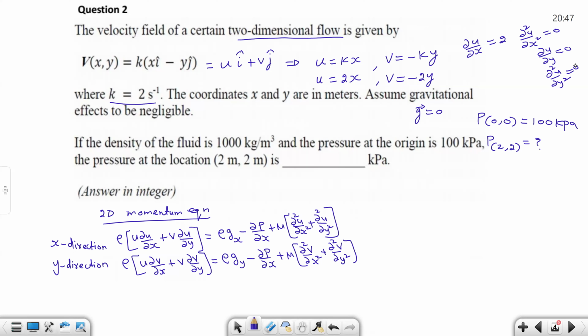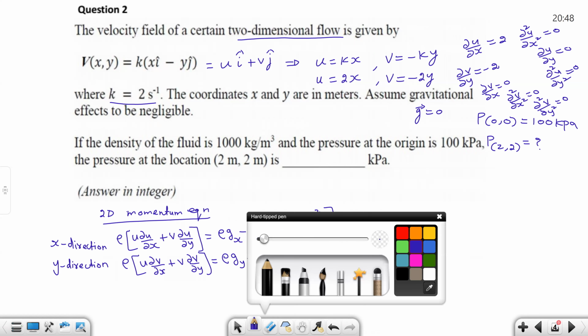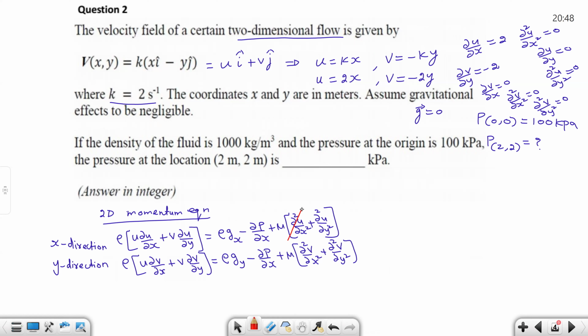Similarly, for v, dou v by dou y equal to minus 2. Dou v by dou x equal to 0. Then dou squared v by dou x squared equal to 0. Dou squared v by dou y squared equal to 0. So if you substitute, you will find that the second derivatives are 0.